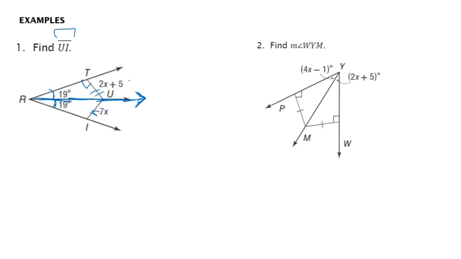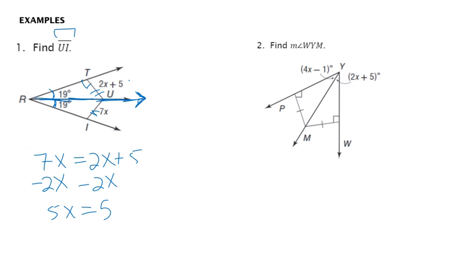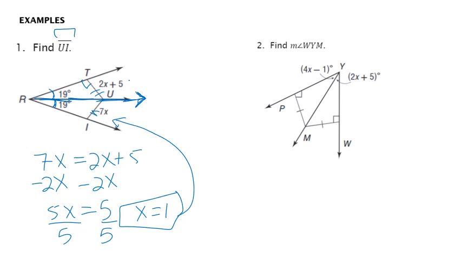If we set those equal, we can solve what we're trying to find. We're going to get our value for x to be 1. The question is asking for the measure of UI. If I substitute it in, 7 times 5 is 35. And so UI would be 35.